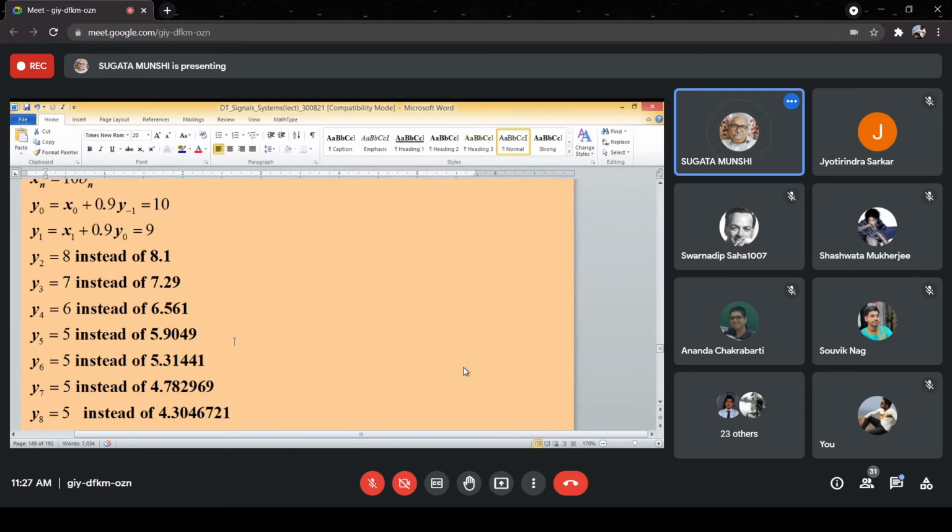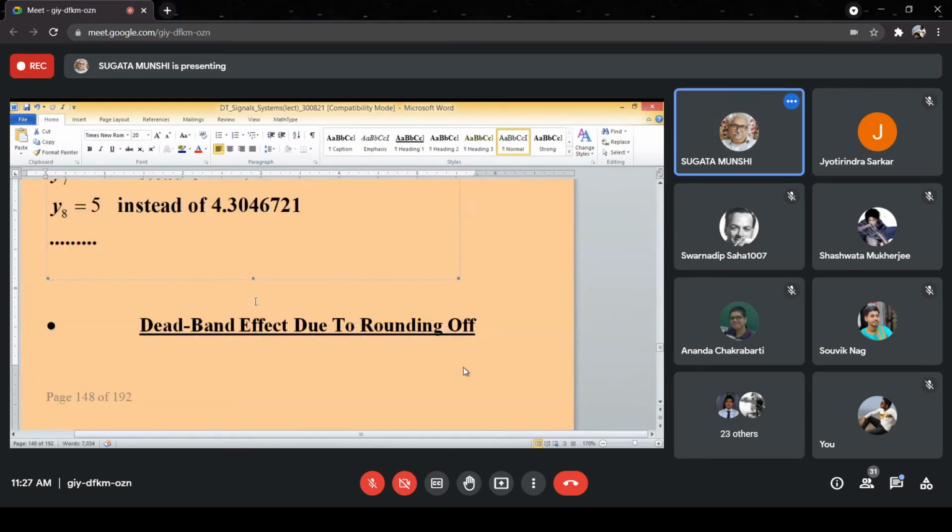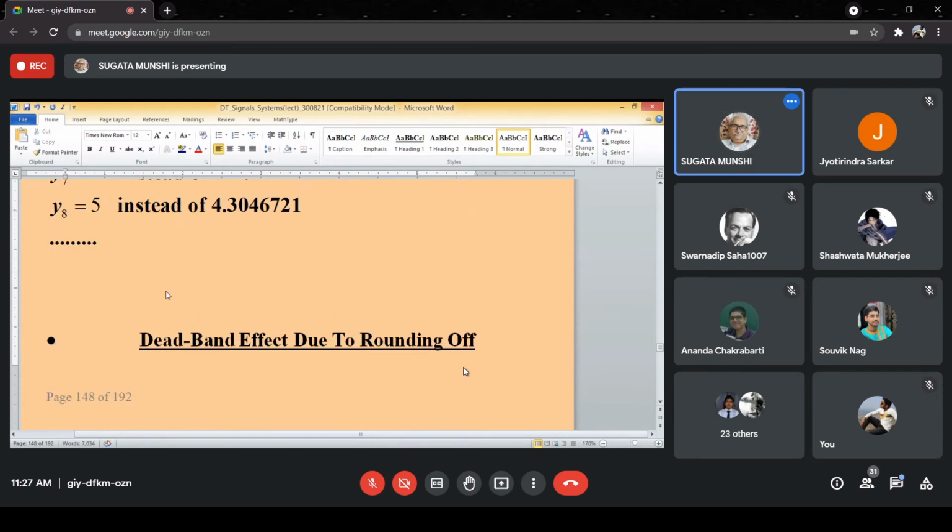All right. So that is also detrimental in many applications. Not the audio application, but in many other applications. So here I am simply trying to illustrate the effect of the presence of a rounding off element in the feedback path, nothing else.